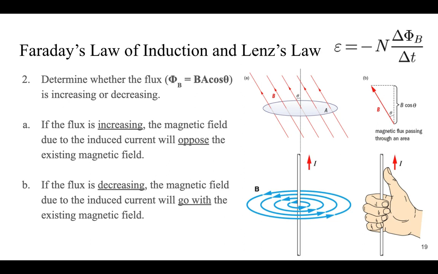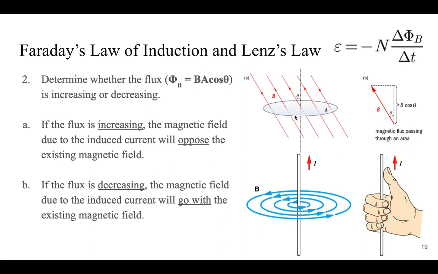So what does that mean? If the existing magnetic field starts getting stronger, then the flux through this loop is going to increase, which means we need the magnetic field from the induced current to go the other way from this one. Hopefully that makes sense. So yeah, if we start getting more lines here, so the existing field starts getting stronger, is one way this could happen.